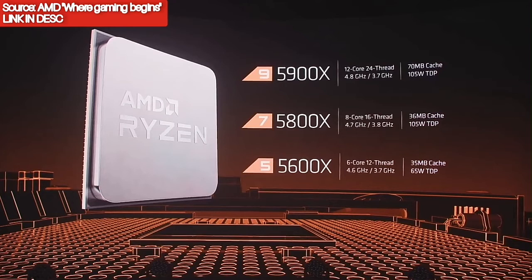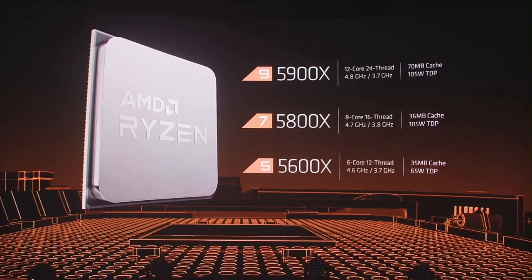The AMD Ryzen 5 5600X is a 6-core 12-thread gaming CPU with 35 megabytes of cache, a 4.6 GHz boost clock and a 3.7 GHz base clock, with only a 65 watt TDP.